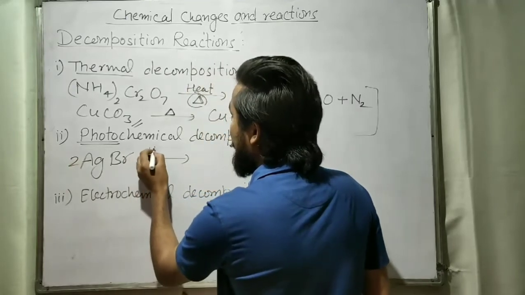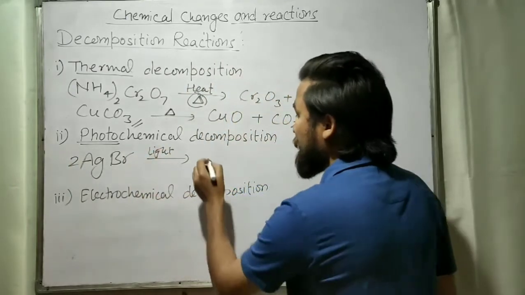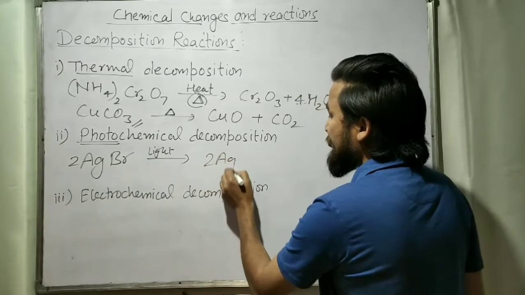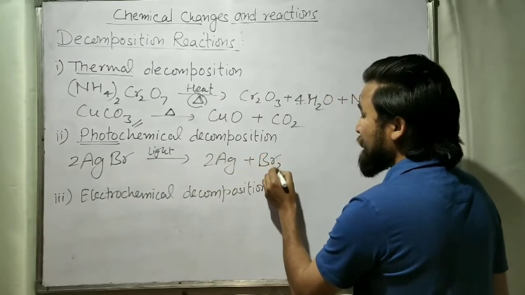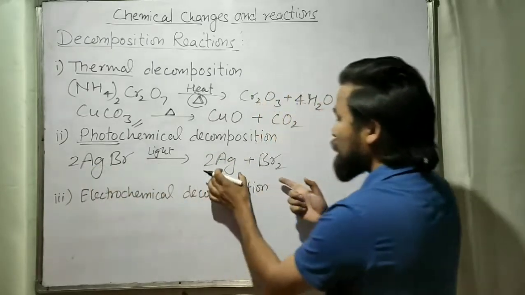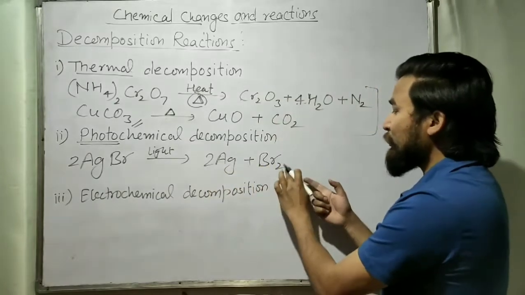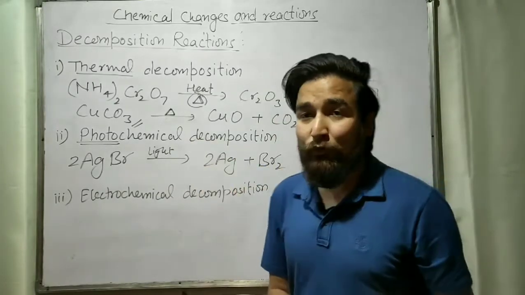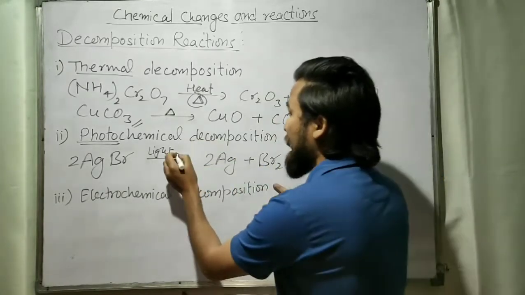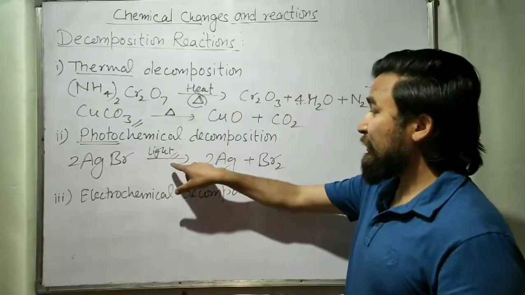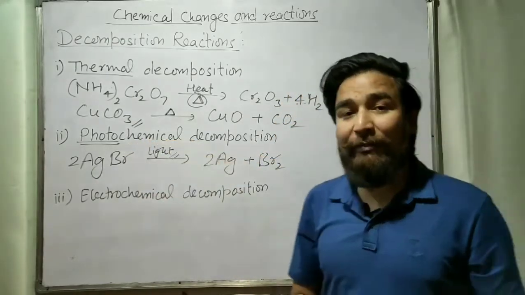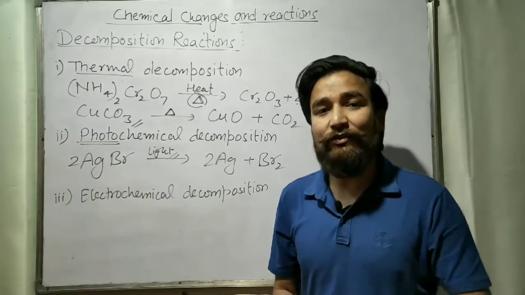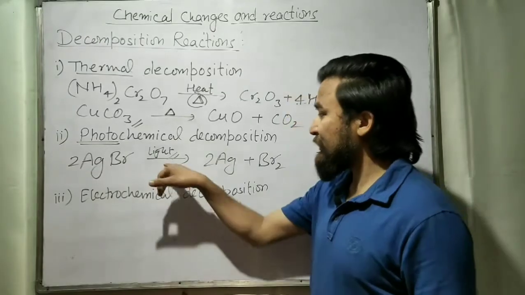In the presence of light, what will it form? 2Ag plus Br2. So it is decomposed into silver and bromine separately. So it is photochemical decomposition, and it takes place in the presence of light. Remember, photochemical reactions are those reactions which take place in the presence of light.